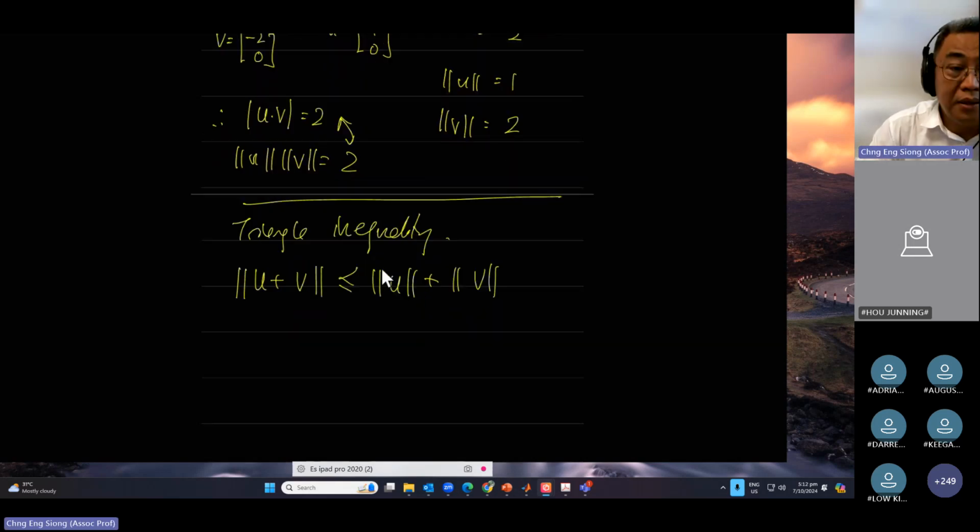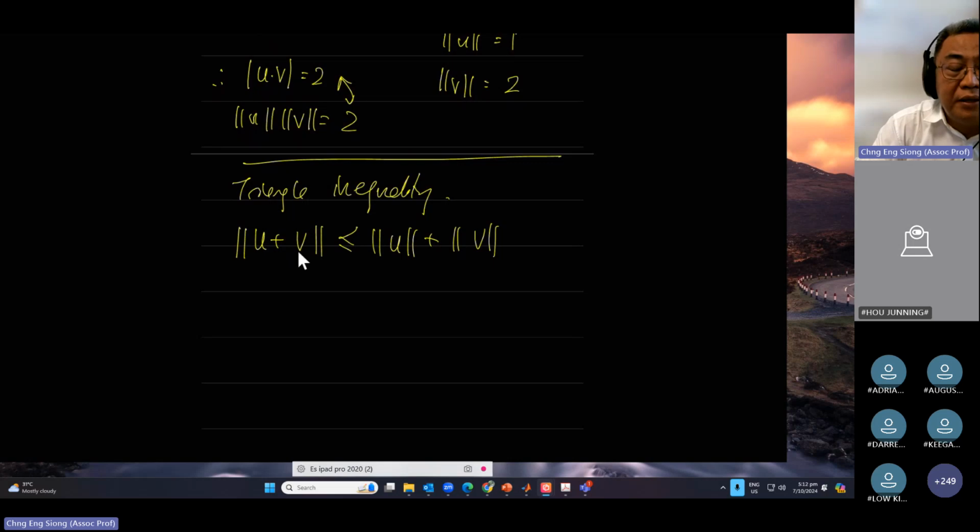So here he's saying that if I add two vectors up and I take the length, it is always less than or equal to the sum of the individual lengths. Of course you guys know what we're talking about.